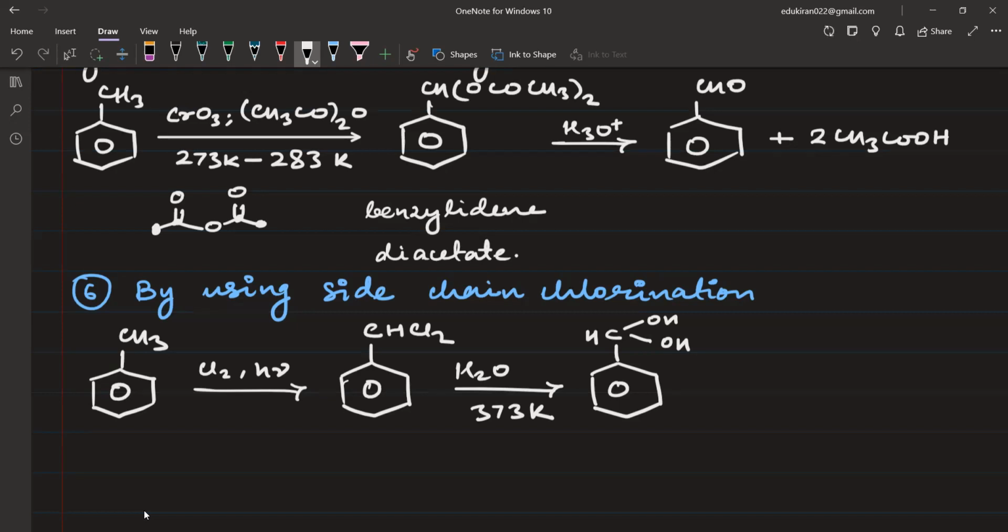Whenever you have gem diol, it gets converted to aldehyde. Water leaves like this and you get aldehyde, CHO. This structure is not a gem diol, but this fragment is gem diol.